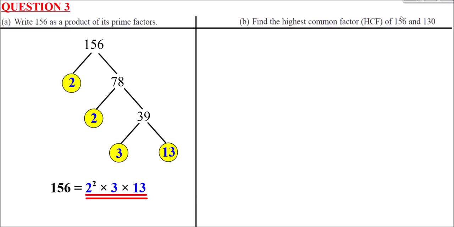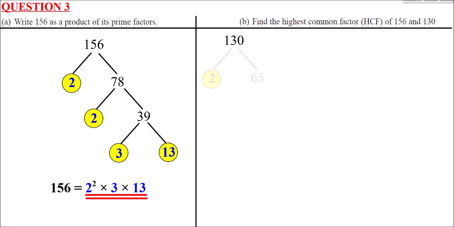So what you could do is start by thinking, well, does 26 fit into 156 and 130? And if not, what about factors of 26, which is the biggest one that fits into these 2? But I'm going to give you the most standard way of doing this question, which is actually a Venn diagram. So first of all, we're going to split 130 into its prime factors, similar to what we did with 156.